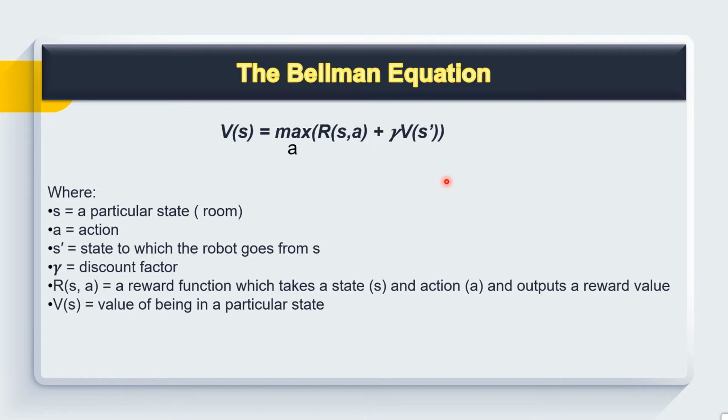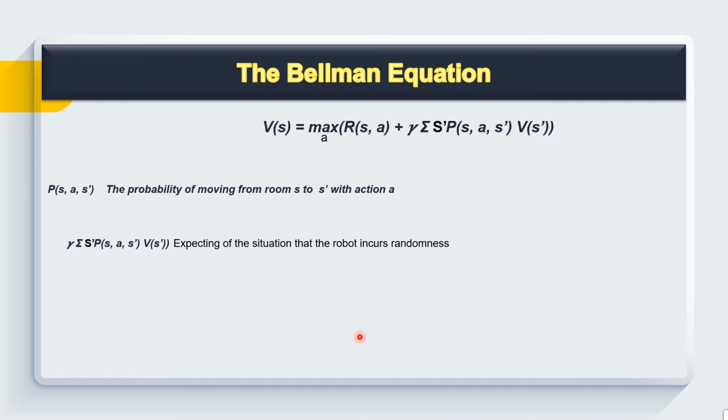According to the equation, we are not sure of the s', which is the next state or the room, but we do know all the probable turns the robot might take. Now, in order to incorporate each of these probabilities into the above equation, we need to associate a probability with each of the turns to quantify the robot, if it has got any x percent chance of taking the turn.